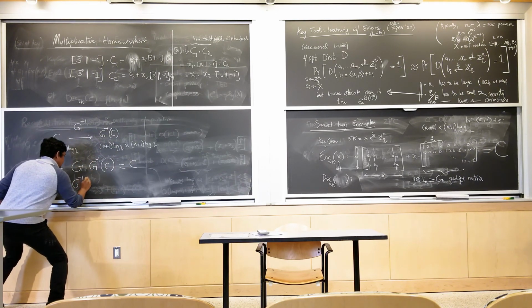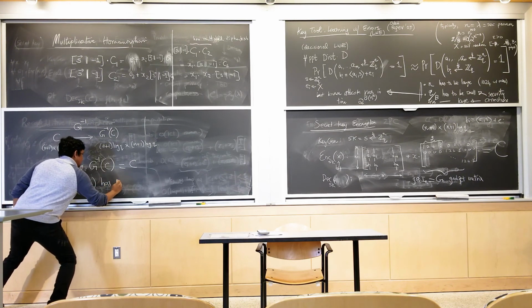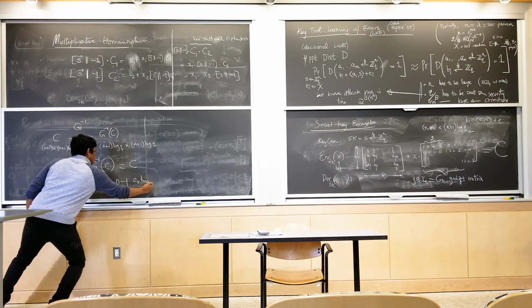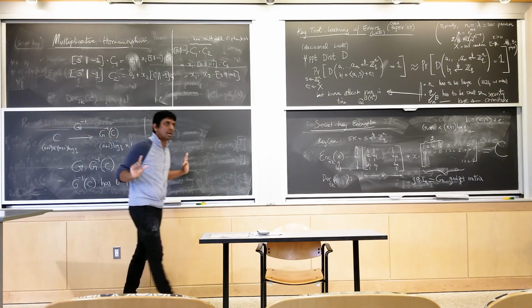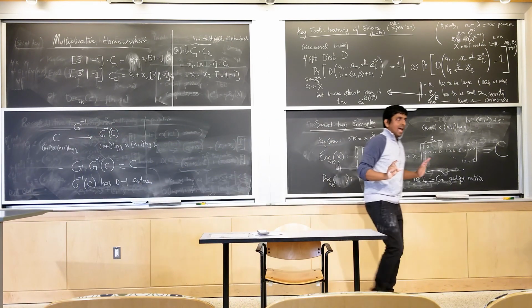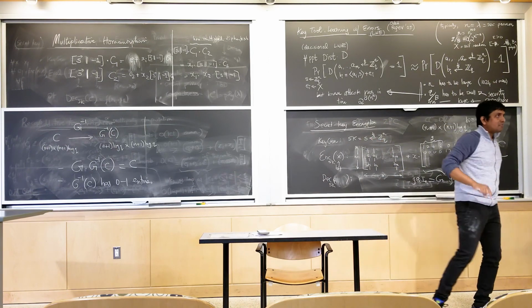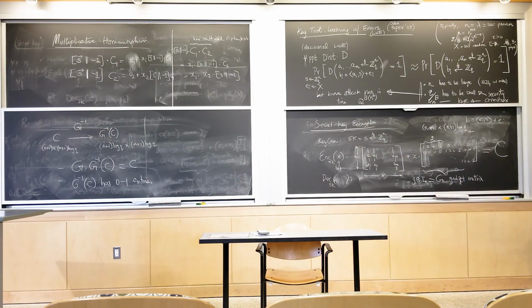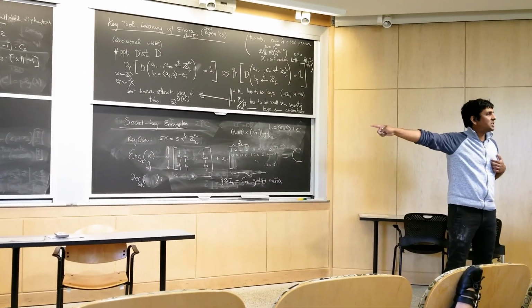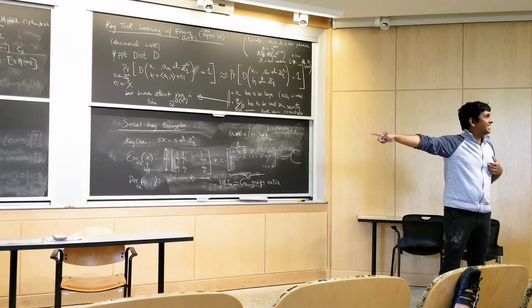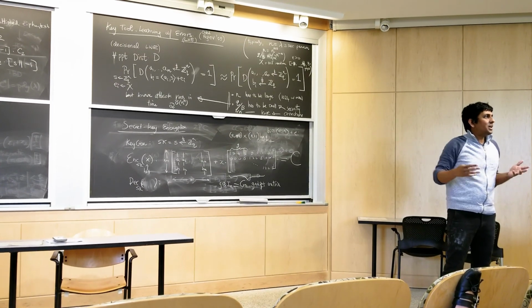And G inverse of C has 0, 1 entries. That's the property of it. I want this to have only 0, 1 entries, and when I multiply it on the left by G, I should get back C. So that is basically the inverse of it. So what is G inverse of C? How do I come up with this measure?